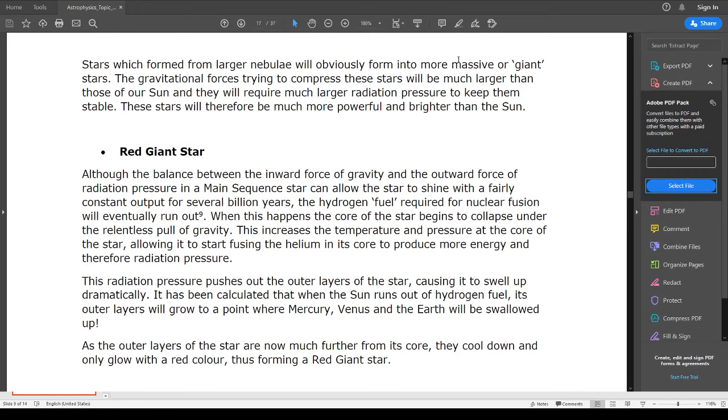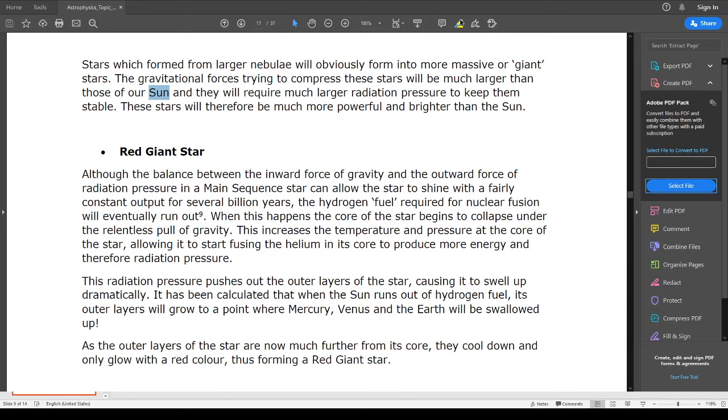So, since it will be more massive, the gravitational force trying to compress these stars will be much larger than those of our sun, because the star we are talking about here is formed from a larger nebula, so it has a larger mass, so it is a more massive or giant star, so it has more gravitational force.